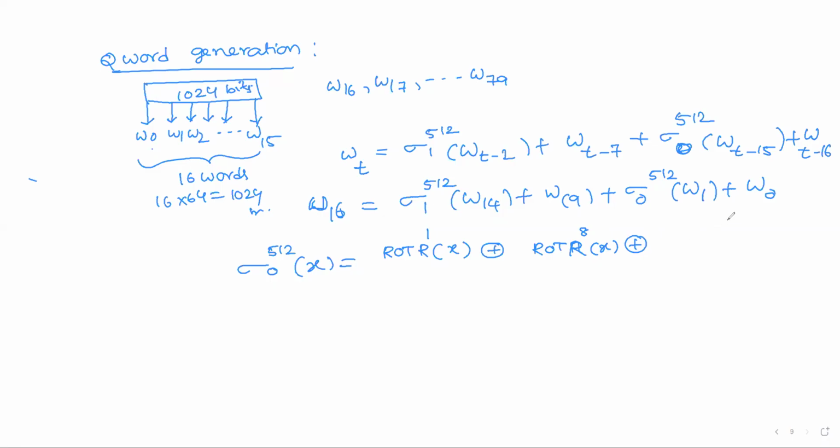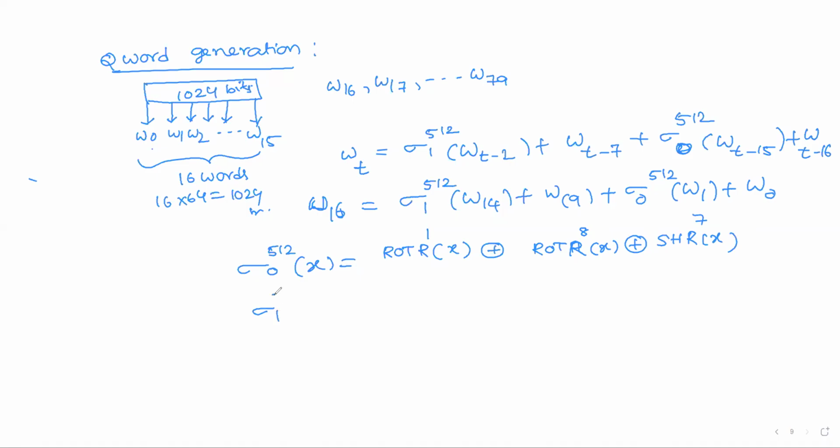Next, this is simply shifting right only, shift right by 7 bit positions of the operand x.